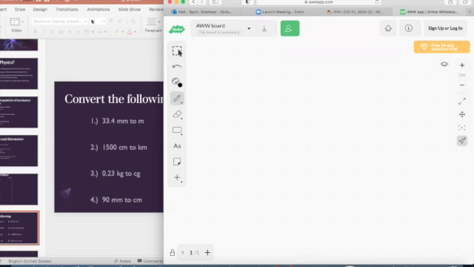Number one. We're going from 33.4 millimeters to meters. How I usually set mine up is table conversions. If you have your own method that you use, stick to what is best for you, because not everything works for everybody, and that's fine.